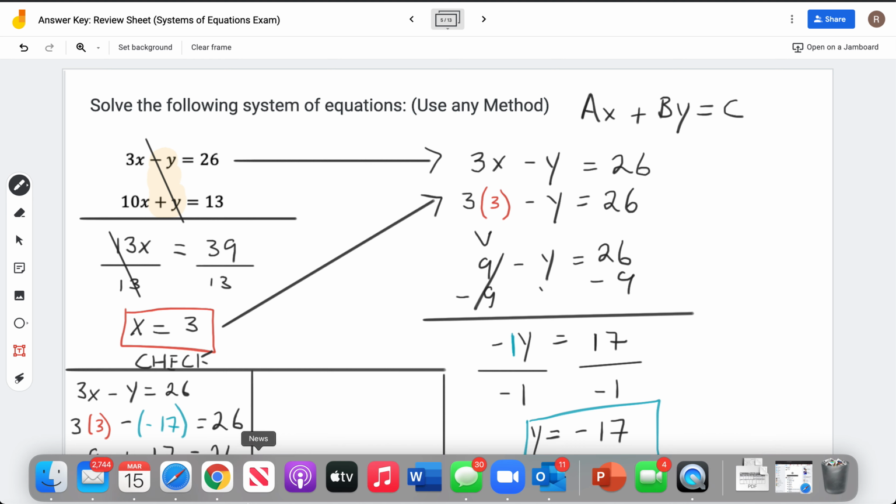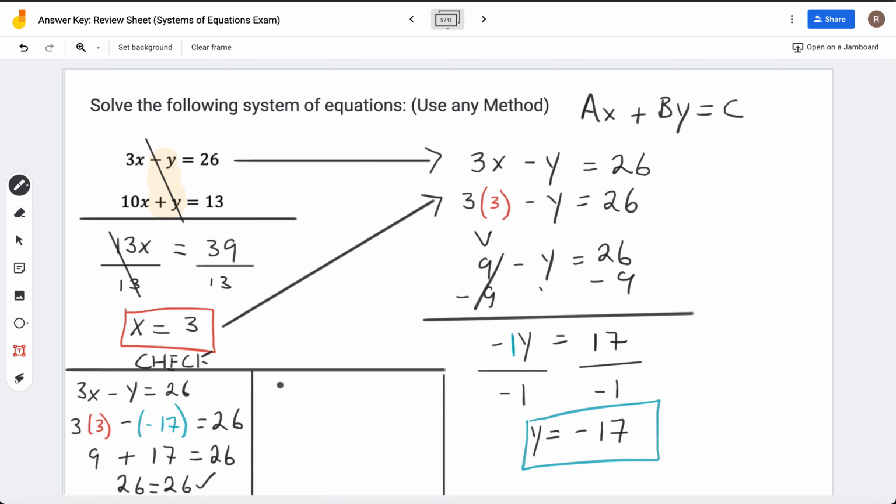So let's plug in to the other one. Here we have 10x plus y is equal to 13. Again, we're going to plug it back in. So 10 times x, which is 3, plus, for y we're going to plug in negative 17, is equal to 13.